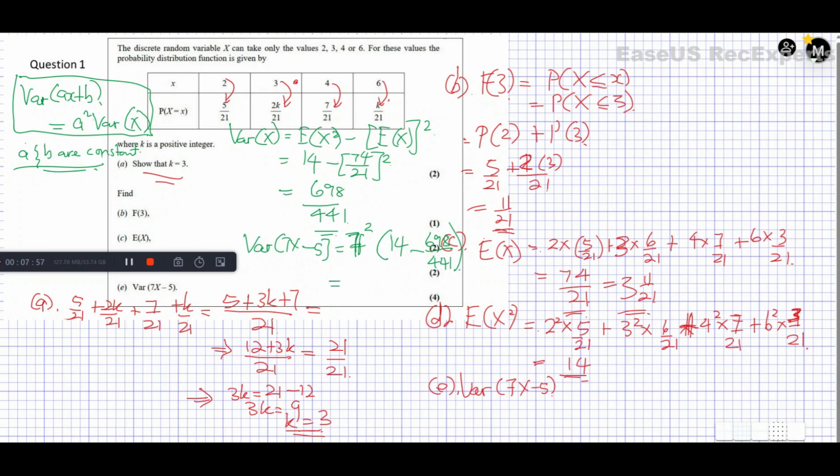So 7 squared, which is 49, times 14 minus 698 over 441. Use the calculator and times it by 49, and the answer that I got was 698 over 9. That's all.